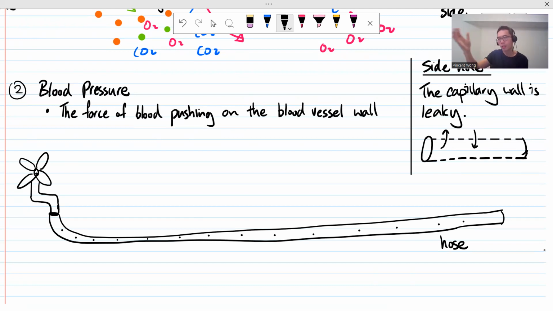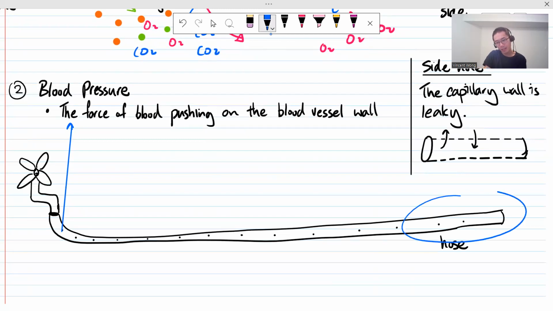And I want you to visualize what's going to happen if I turn on the tap to maximum. Let the water flow. What's going to happen? Well, I hope you know that water is going to shoot up here and come out all over the place.